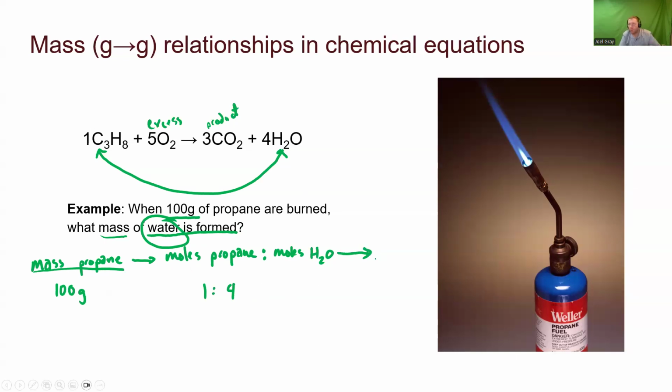And then when we have our moles of H2O, we can relate that to our mass of H2O. So what I'm going to do is show you how to do this, and then we're going to look at another example.